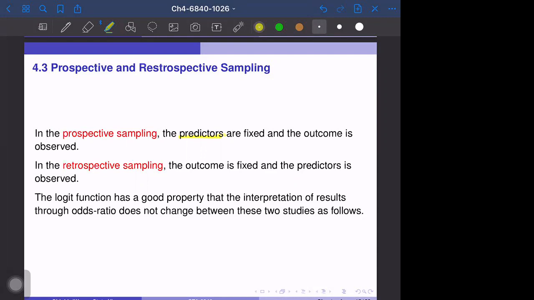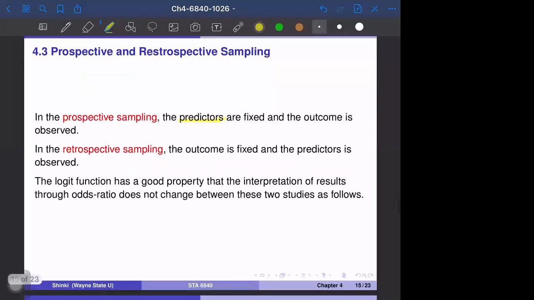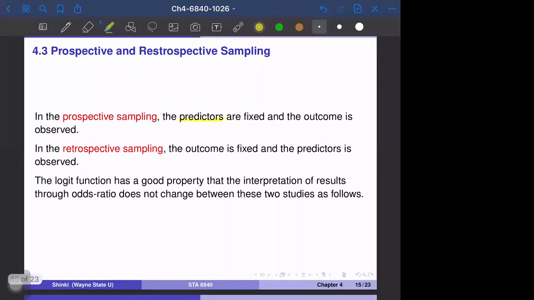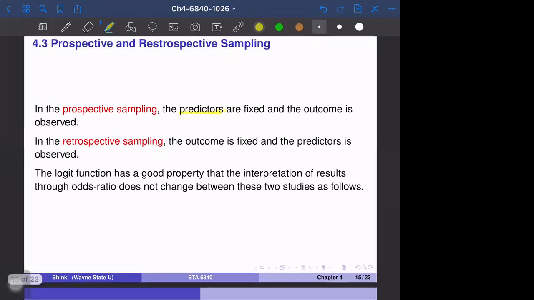But it takes time, so sometimes retrospective sampling is good, because the outcome is already available, so we can immediately analyze the data. And the logit function has a good property: the interpretation of results through the odds ratio, to be exact, the log odds ratio, does not change between these two studies.